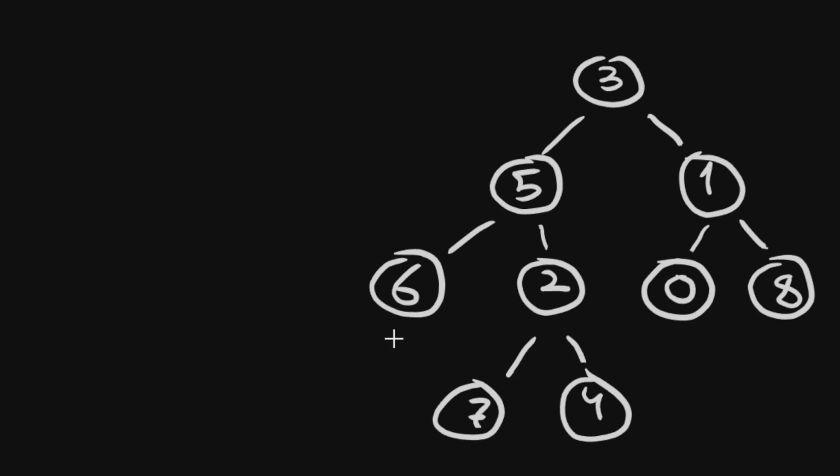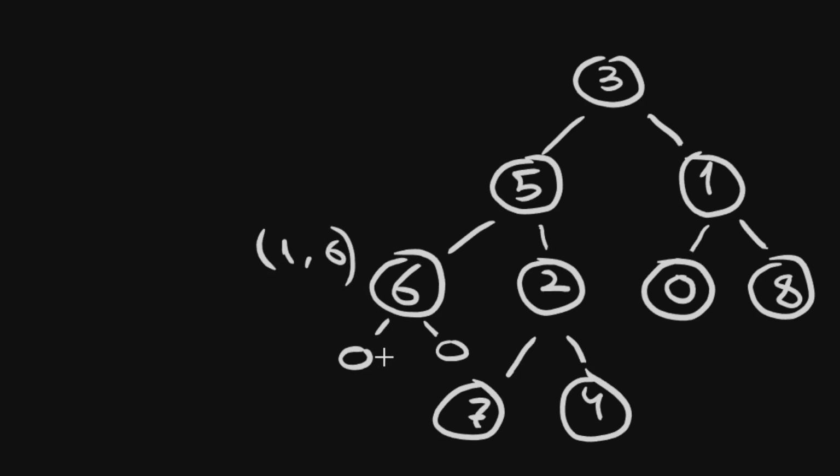Let's say we're here at node 6 and the count for the left side is 0 because we don't have any nodes, and the right side is 0 also. When the counts are equal, we will take any of those and add 1. Okay, so in this case it's 1, and we will take the current node, which is 6.